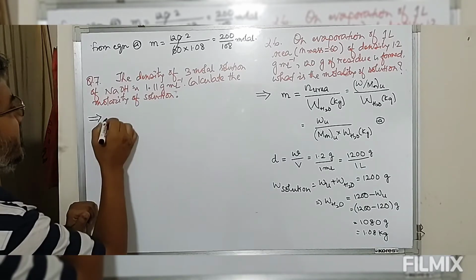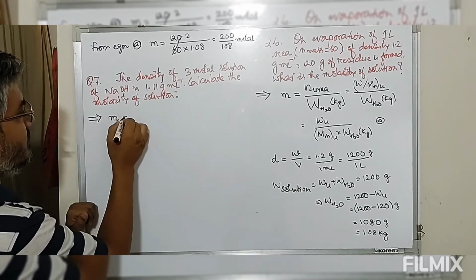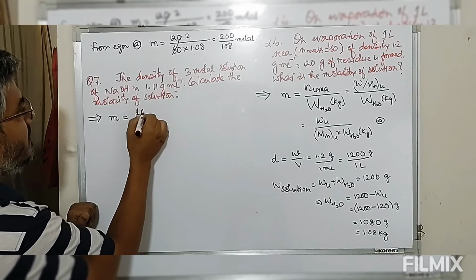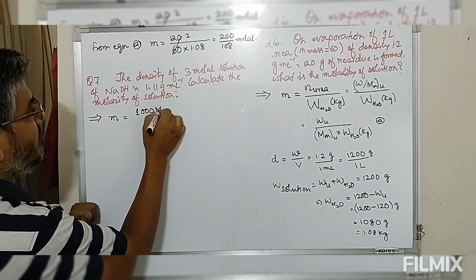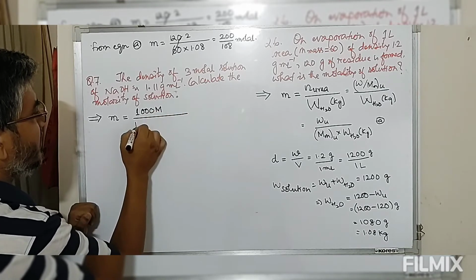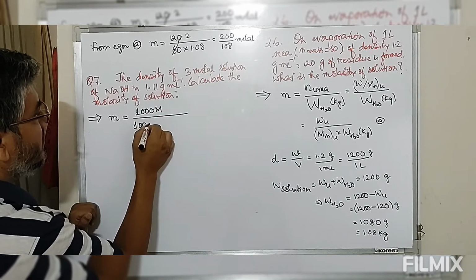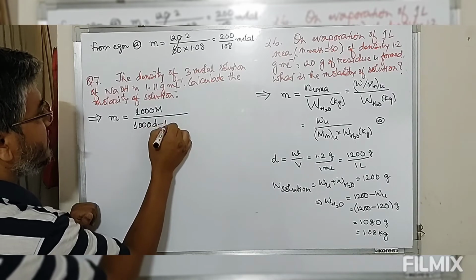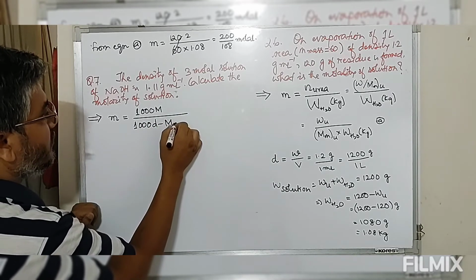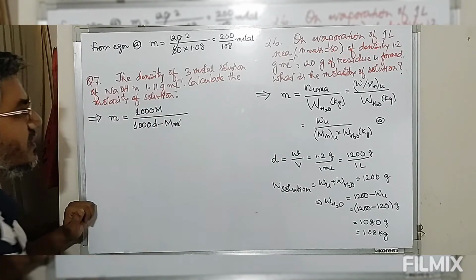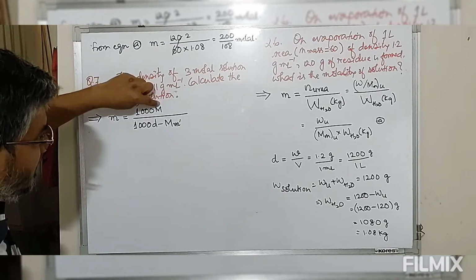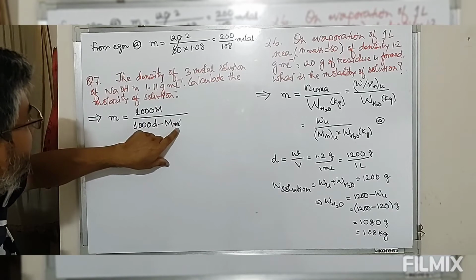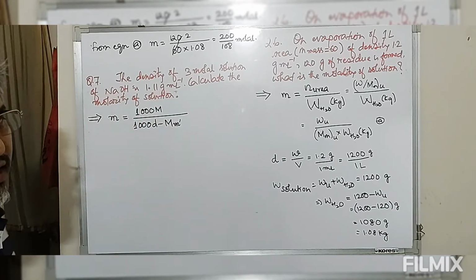So the molarity was defined as 1000 times molality divided by 1000 times density minus molality into the molar mass of the solute. This is molarity, this is molality, this is molar mass of the solute, that is sodium hydroxide.